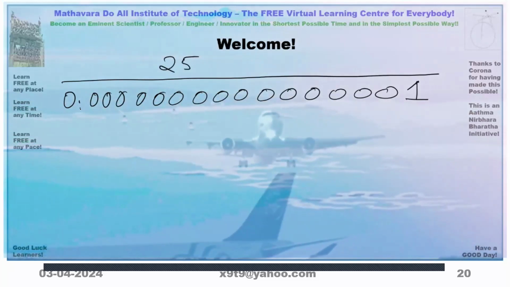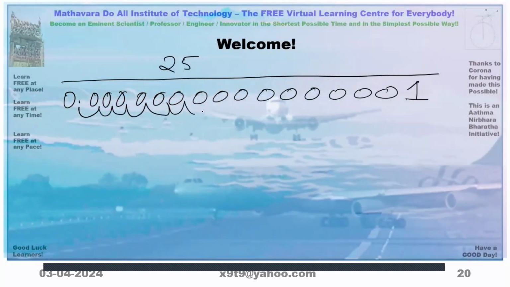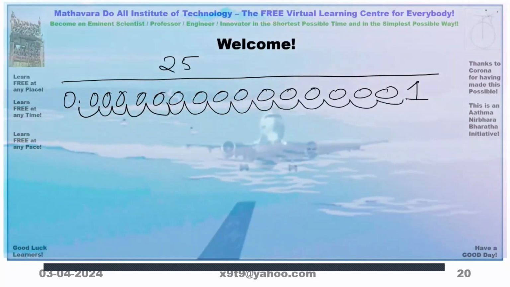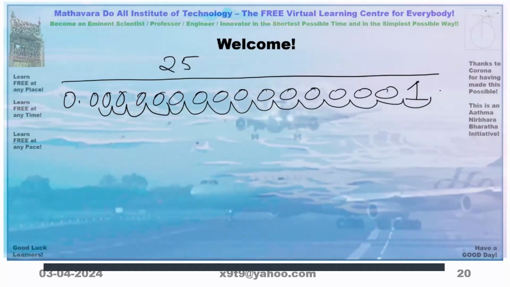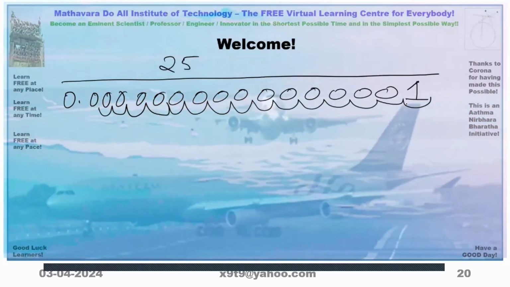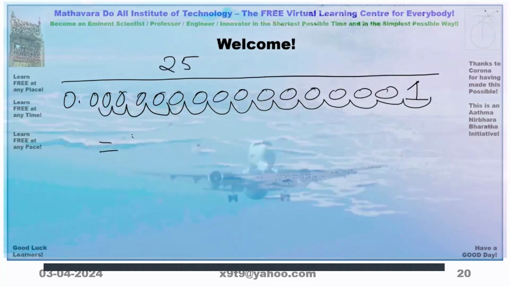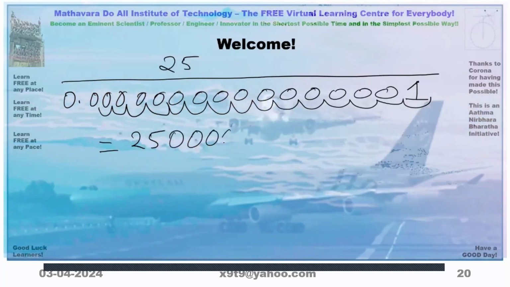Now we see we have to go for 1 place, 2, 3, 4, 5, 6, 7, 8, 9, 10, 11, 12, 13, 14, 15, 16. So to move that 16, multiply by 10 to the power of 16 here. So the answer will become like 25 followed by 16 zeros.